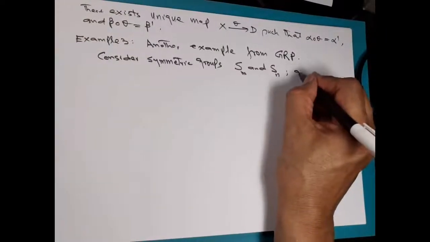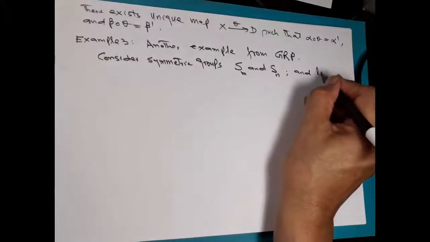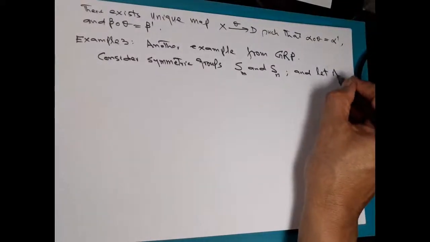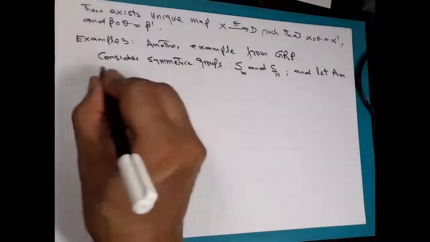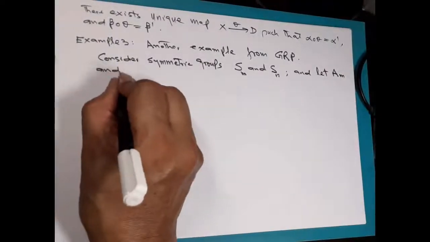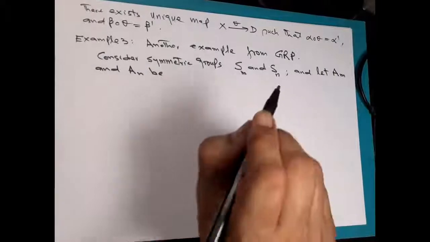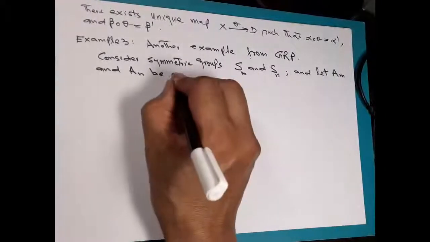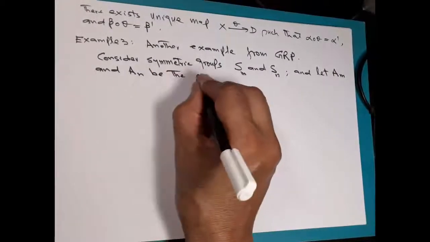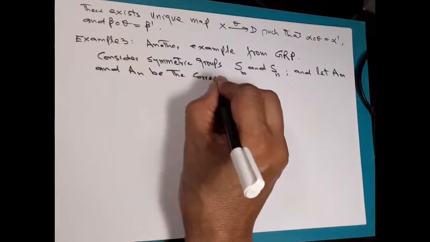And let Am and An be the corresponding alternating groups.